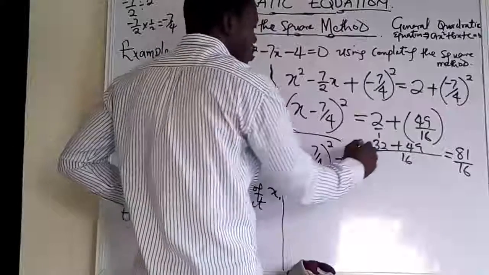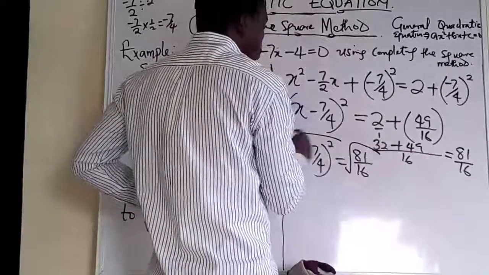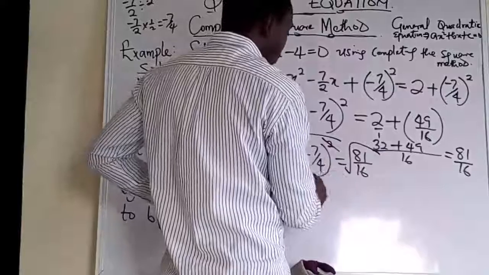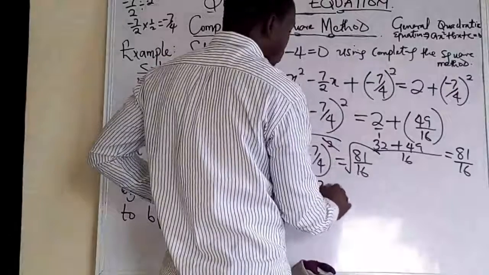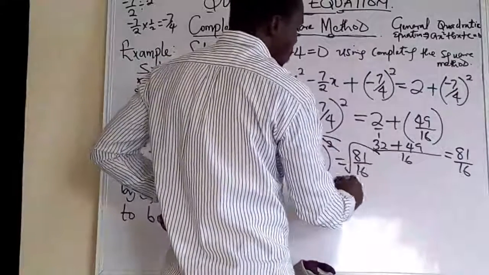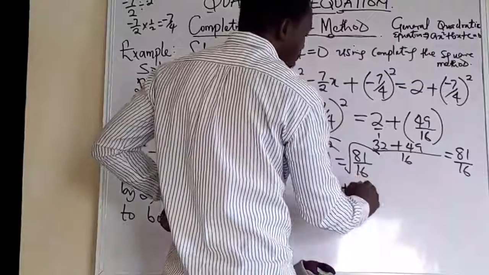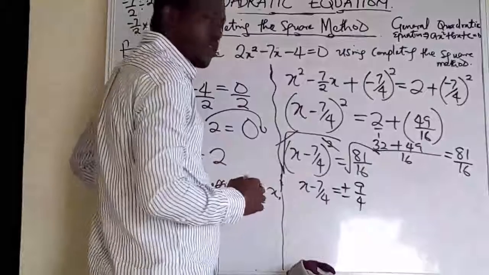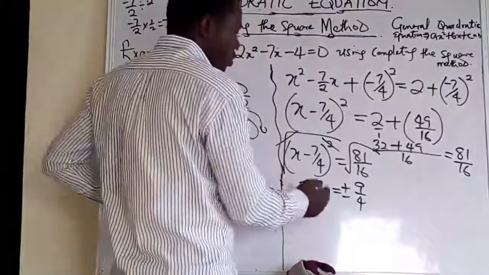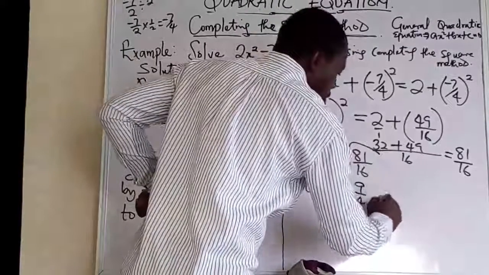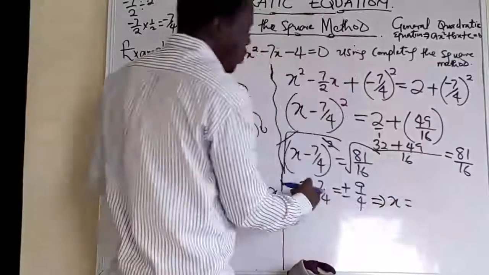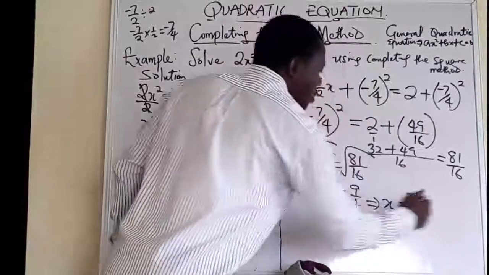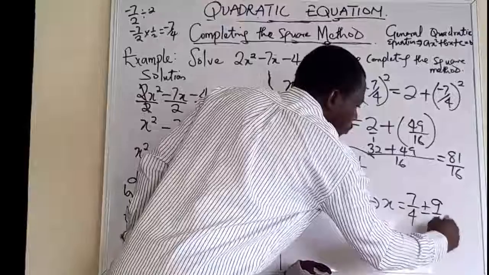The square root cancels the square here. So we have x minus 7 over 4 equal to plus or minus 9 over 4. Now we transfer this one, so at that junction we have x equals 7 over 4 plus or minus 9 over 4.